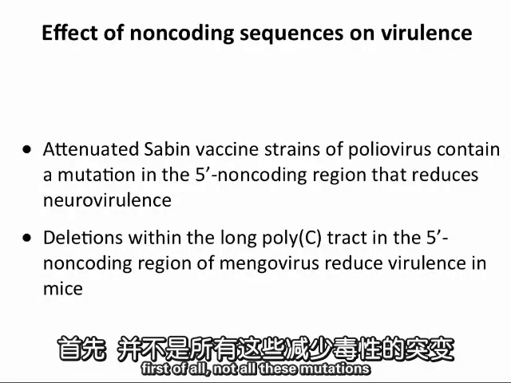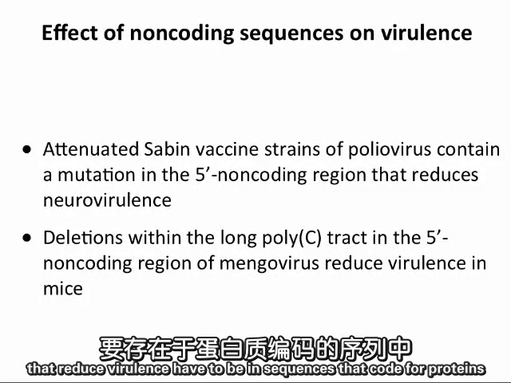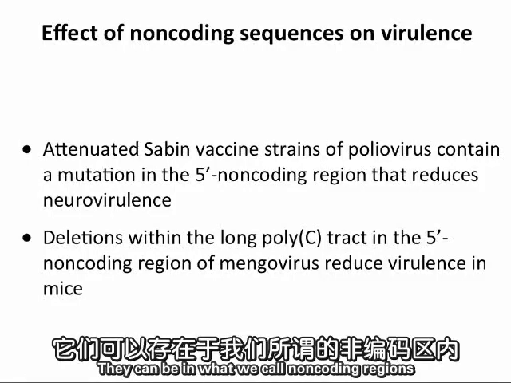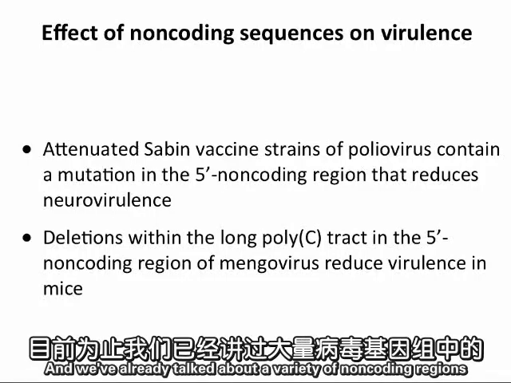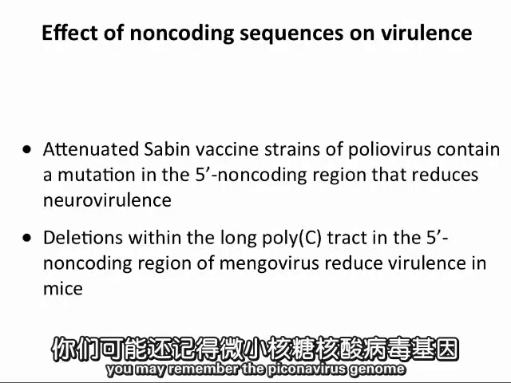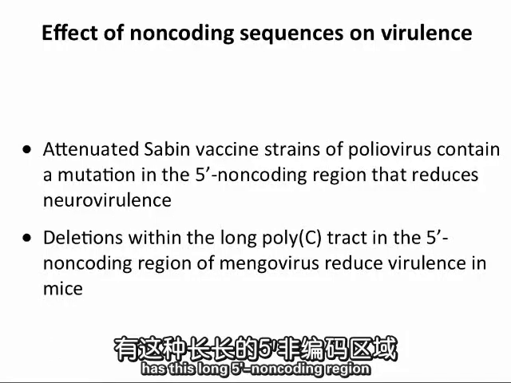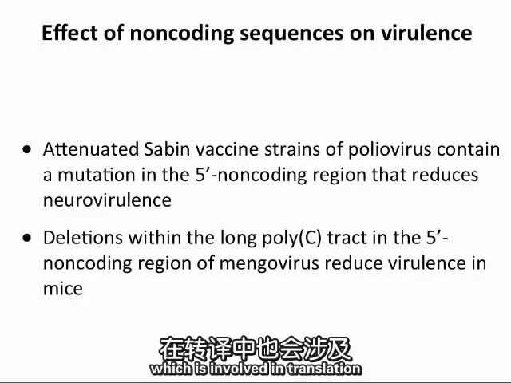First of all, not all of these mutations that reduce virulence have to be in sequences that code for proteins. They can be in what we call non-coding regions. And we have already talked about a variety of non-coding regions in viral genomes so far. You may remember the picornavirus genome has this long 5' non-coding region, which is involved in translation.